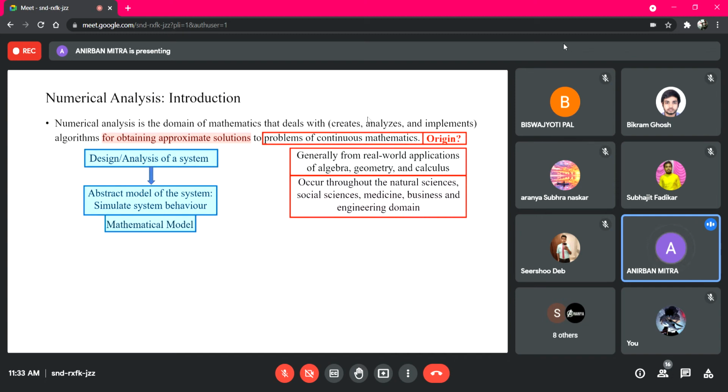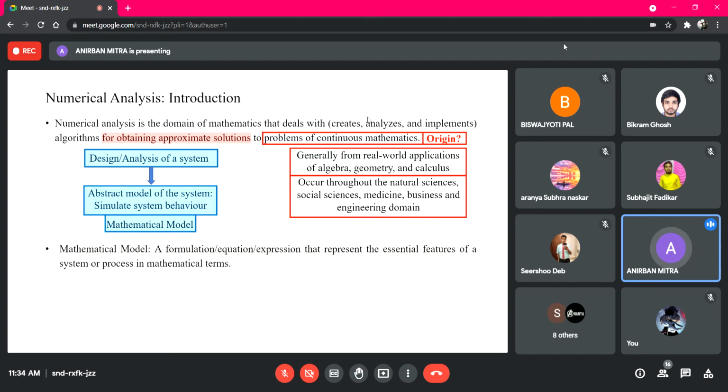Let us now define what a mathematical model is. A mathematical model is basically a formulation or an equation or an expression that represents the essential features of a system or process in mathematical terms.